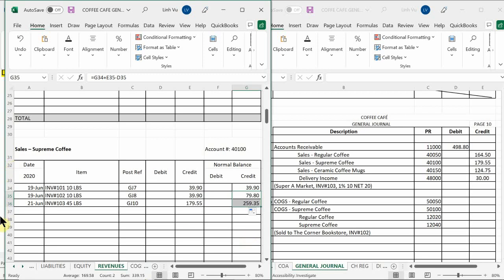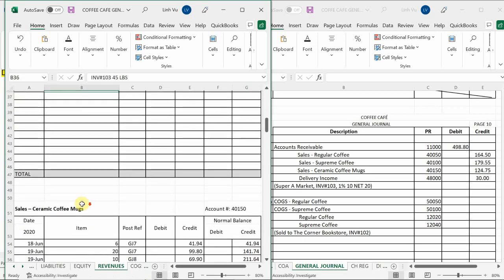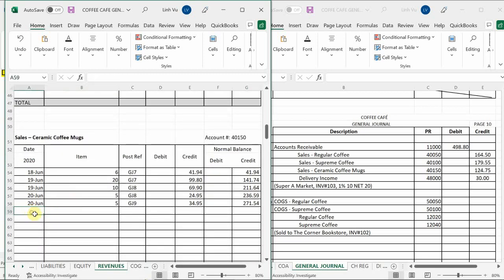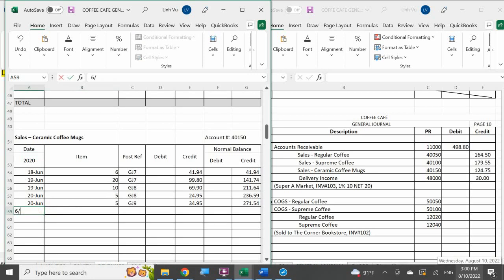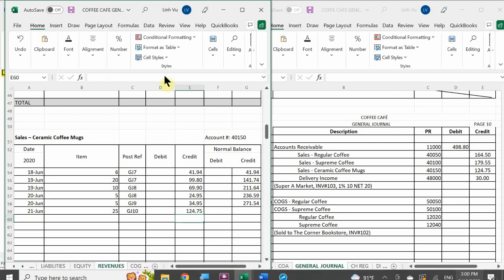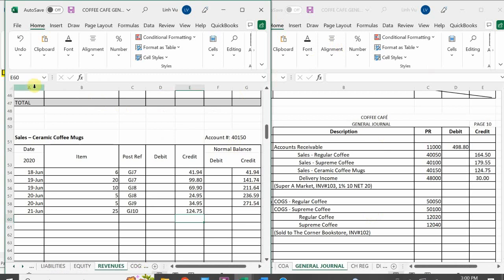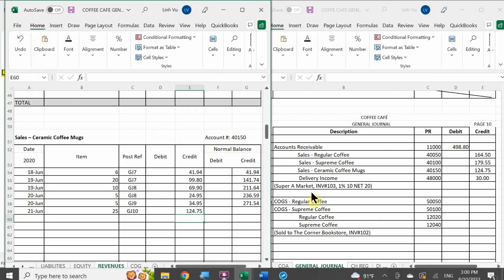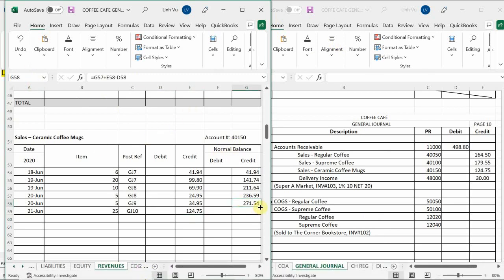Okay, excellent. And then we go to the ceramic mug sale. It's 25 units, and it's page 10. And it's 124.75. Oops, 1, 2, 4, 7, 5. Okay. And then I have 396.29 for the total. Good.